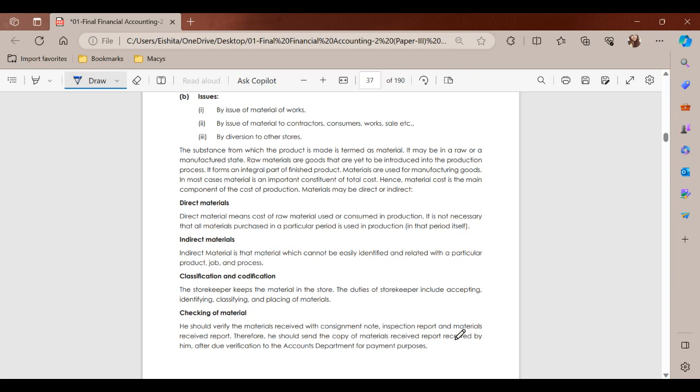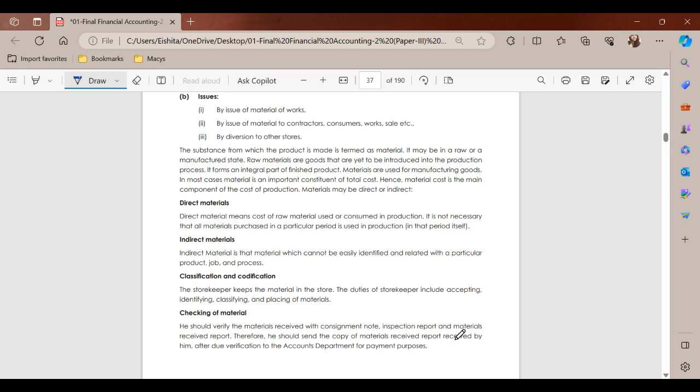So what he will do is instead of saying the material, he will use the specific code. The storekeeper keeps the material in the store. The duties of the storekeeper include accepting, identifying, classifying, and placing of material.